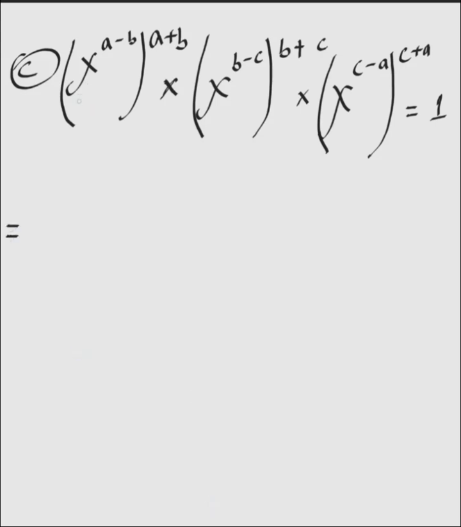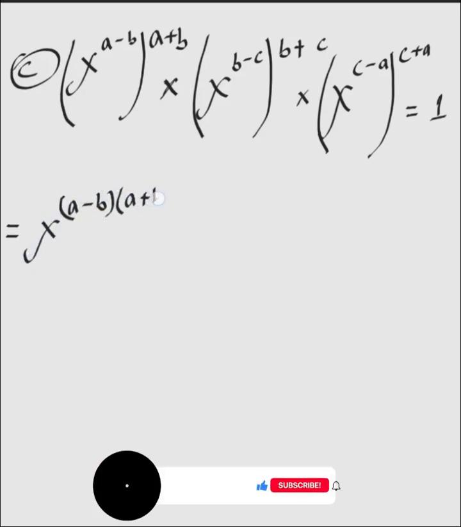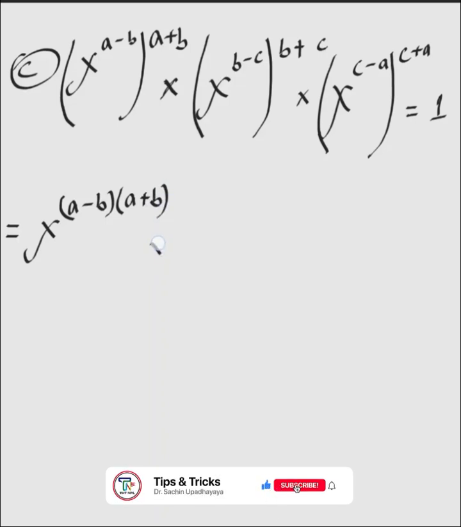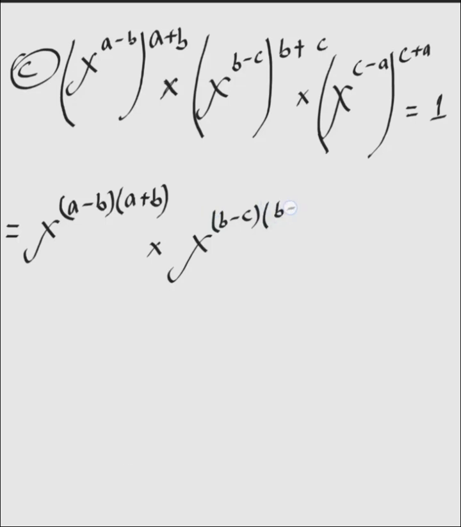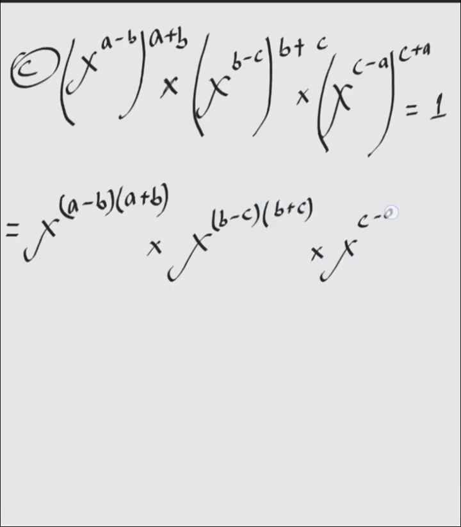Now here it's a form like something with a power, and that is also raised to a power, right? So it's like a power m power n, and the formula we know already. So remove this one. The formula is x a minus b into a plus b, into x b minus c into b plus c, into x c minus a into c plus a.